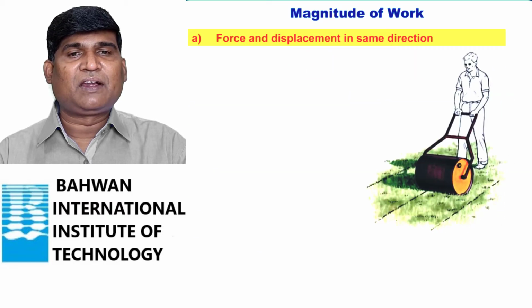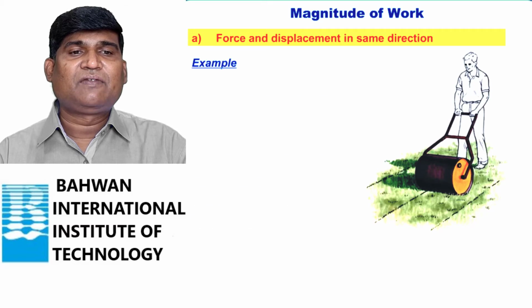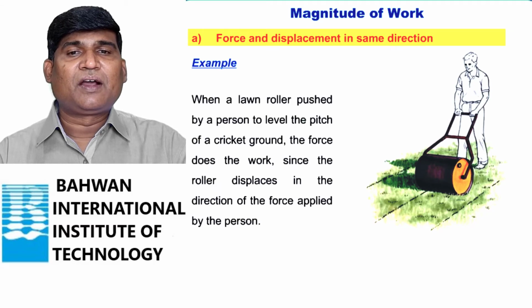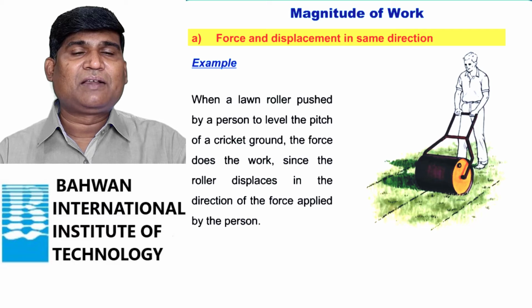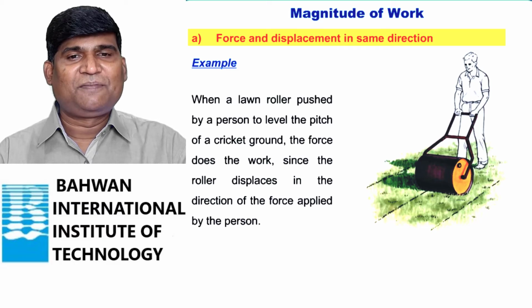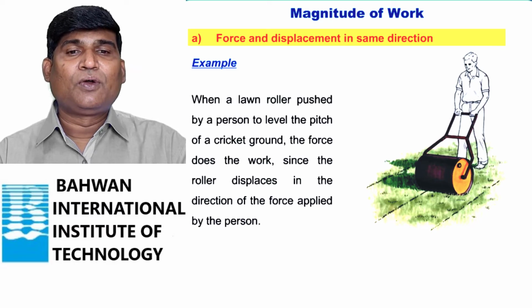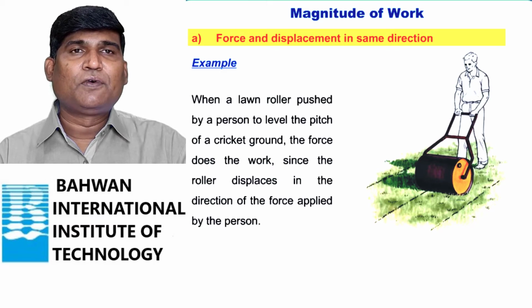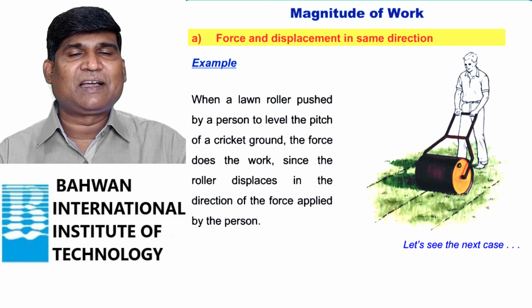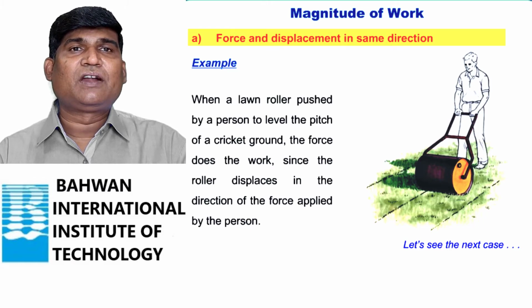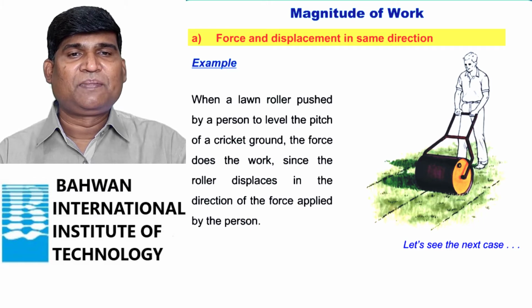What example can we take? Here you are able to see one man pushing a lawn roller to level the pitch of a cricket ground. The force applied by that man on the roller, and because of that, the roller moves in the direction of applied force. So here force and displacement both are in same direction. Therefore, the work done is positive work here, right?